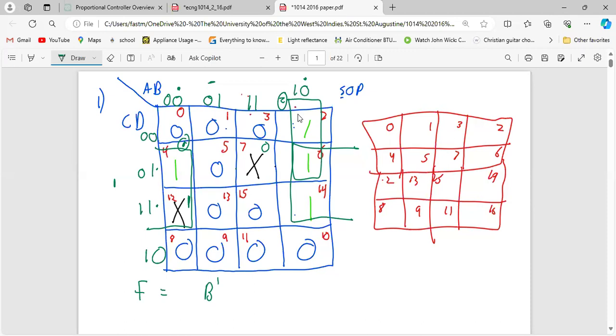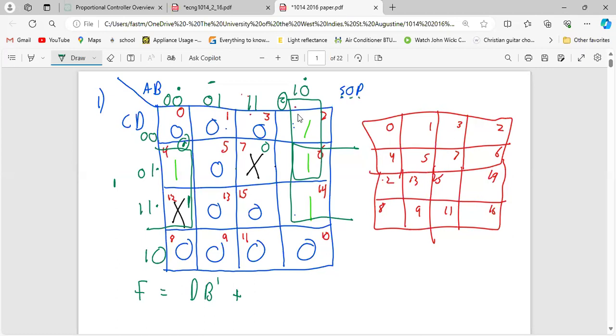So in the horizontal, they have the D in common because you see a one here. And in the vertical they have the B prime, because A is now 1 because 0 here is 1. So it changes. So this B prime here and B prime here. So this will be D here. And then plus, it's a sum of products, so you just add these boxes together.